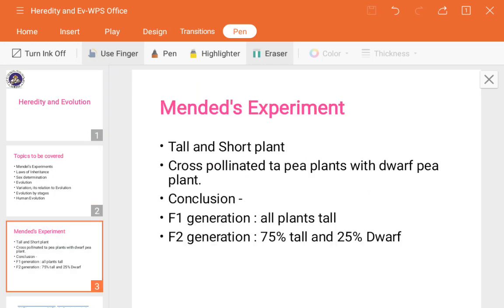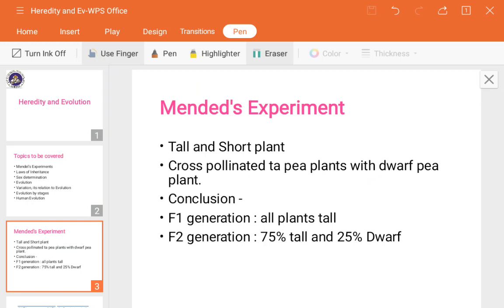So in today's session we will see one experiment of Mendel which he put forth just to see how the traits get transferred, or how transmission takes place, from parents to the offspring. Just to show how these things happen, and how it is possible to transfer the characters in different ways.